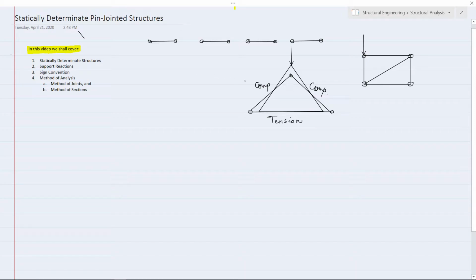Now let us assign some numbers to understand. Say, for example, this is node number 1, this is node number 2, this is node number 3, and this is node number 4. And how many members do we have? Member number 1, member number 2, member number 3, member number 4, and member number 5.